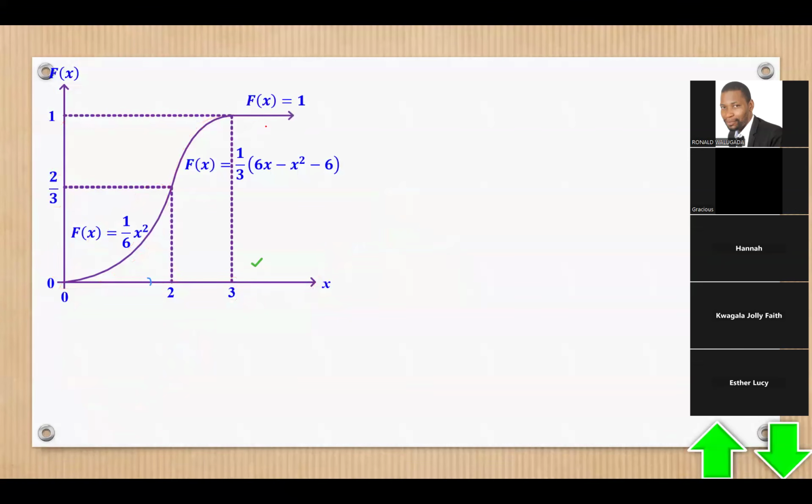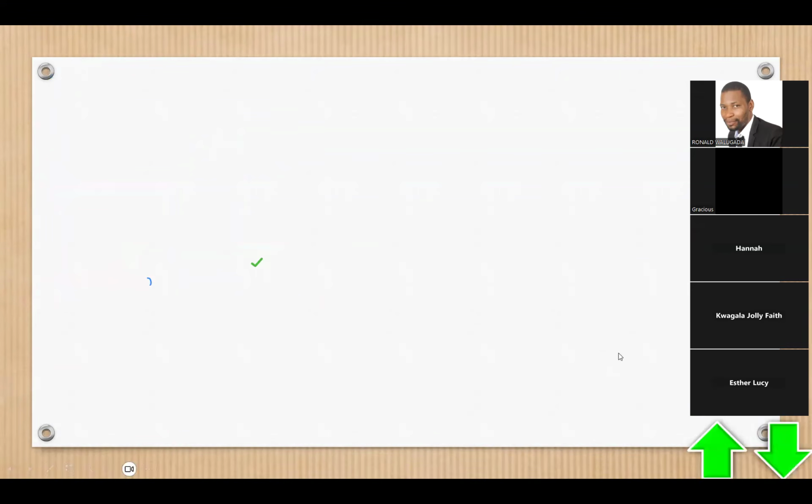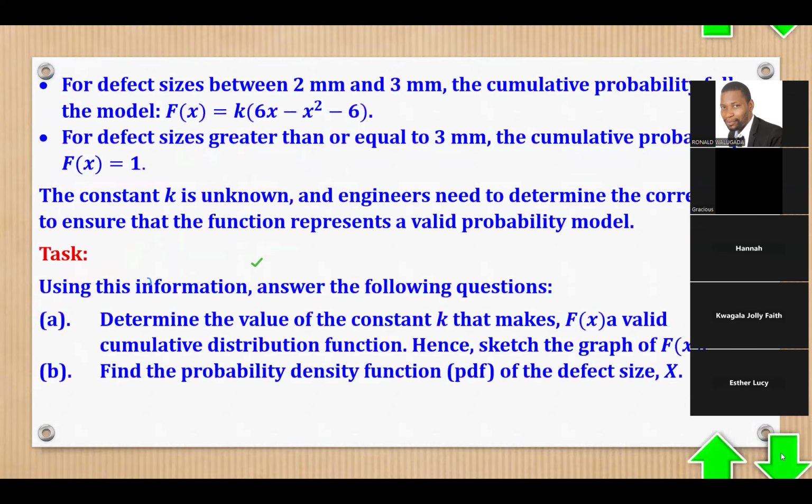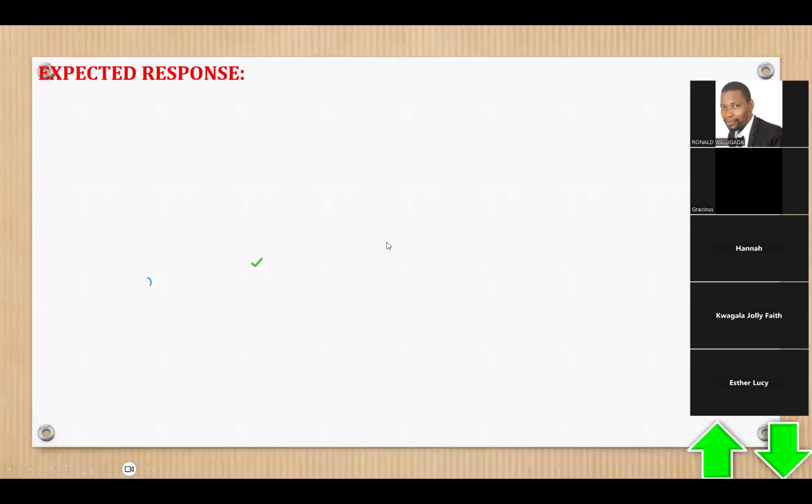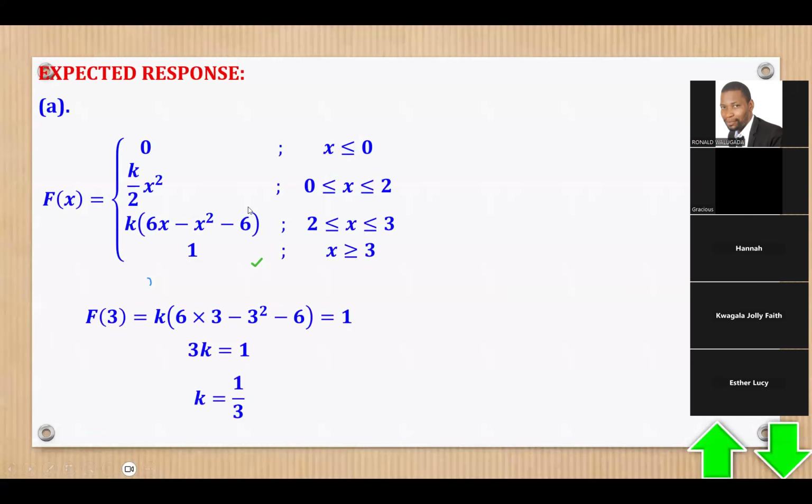Then also, there's something I didn't do here, but I encourage you to add it, because that year it disturbed students. Let's first go back to the cover and I show you what I did. Do you see this one? You also don't know where these values end. All values less than 0 give 0 probability.